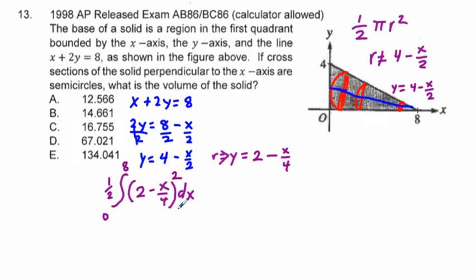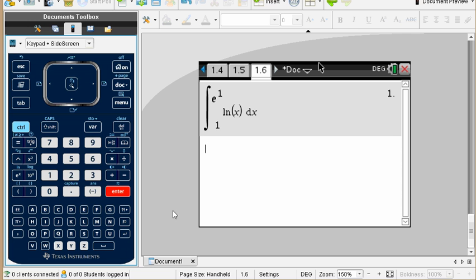So now we can go to our calculator, and we will say 1/2, I'll say 0.5 times. We get our integral, our hotkey is shift plus, this calculator, we go from 0 to 8.